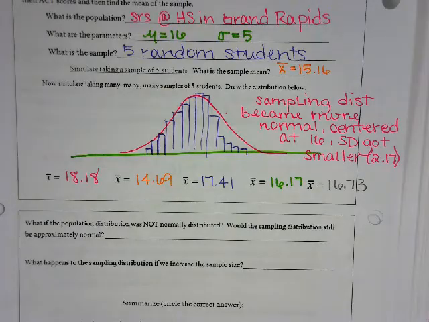If I take a bunch of samples of size 5, what do you think is going to happen? Are we going to get a normal distribution or a non-normal? Nobody wants to venture a guess. Not normal? Anybody say normal? Maddie says normal.